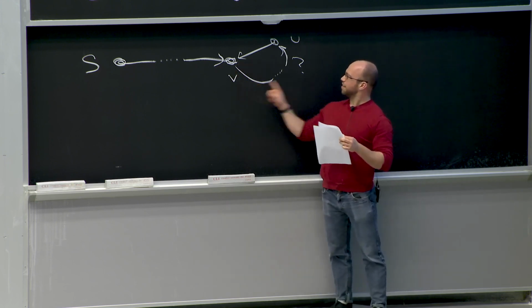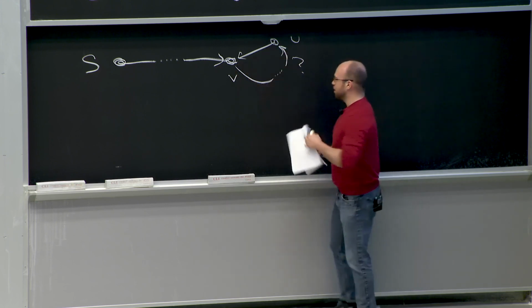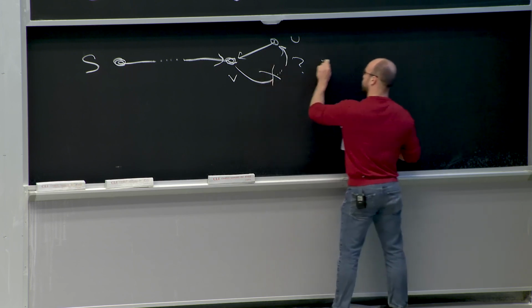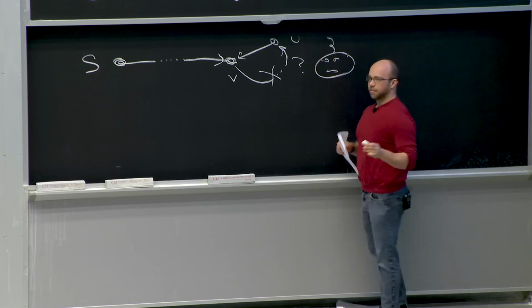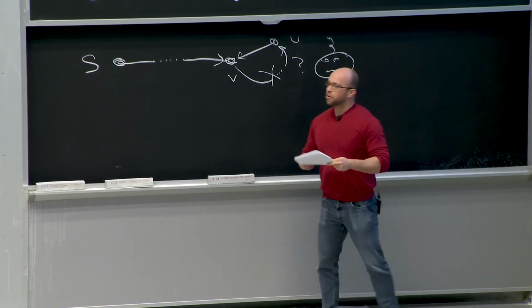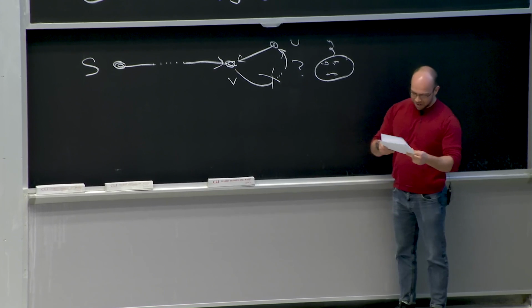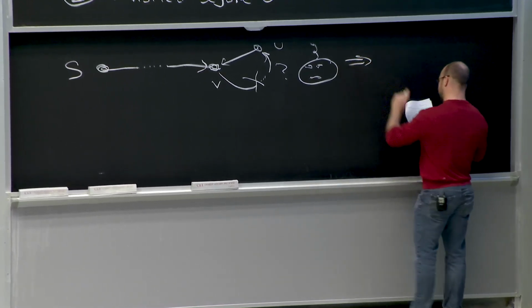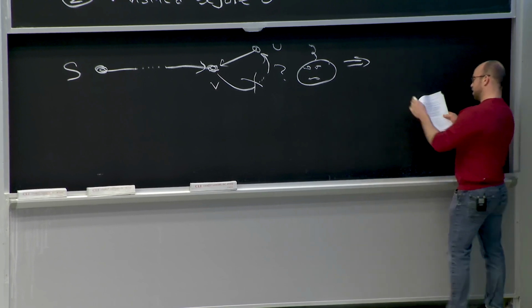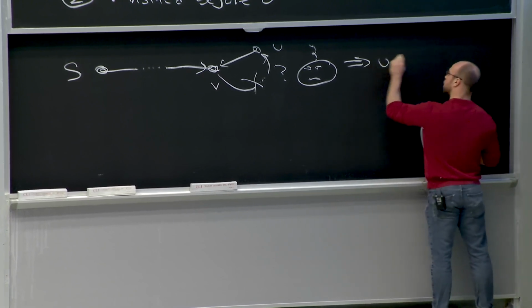No, because our graph is acyclic, and I just drew a cycle. So this is a big X. Can't do it. Okay, so what does this mean? By this picture, we know that U cannot be reached from V.